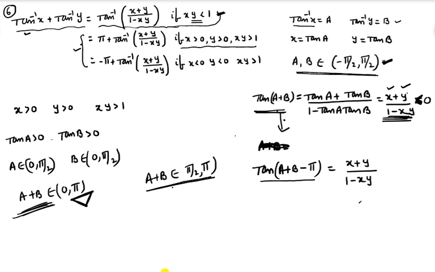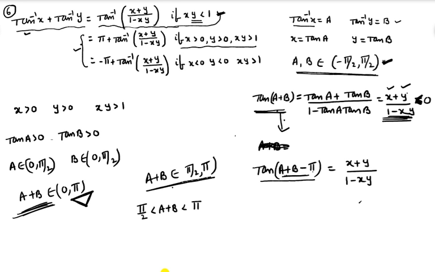Okay sir, you are writing tan of (a plus b) as tan of (a plus b minus pi), but what is the guarantee that this is in the principal branch? Observe here, the information we got is pi by 2 less than a plus b less than pi.